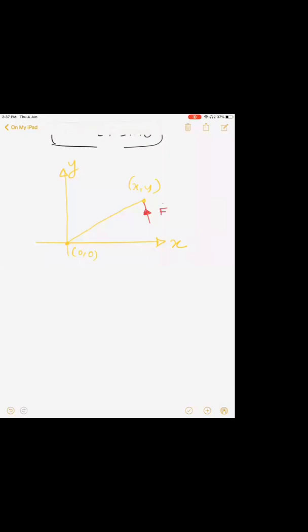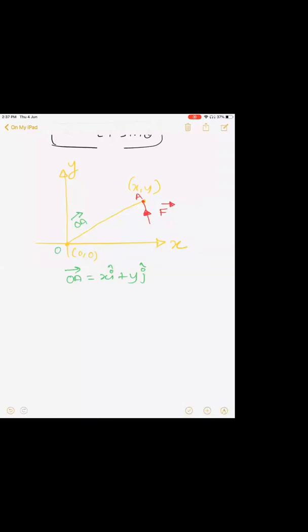Suppose this point is point A. What is the position vector of this point? Can you tell me what is the OA vector? OA vector will be equal to xi plus yj.